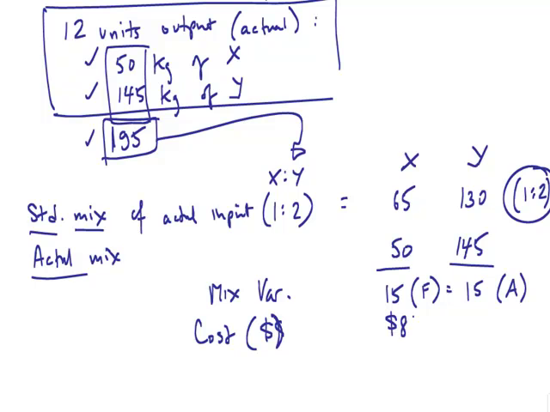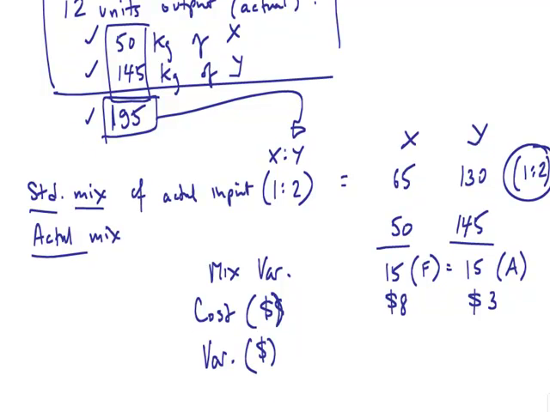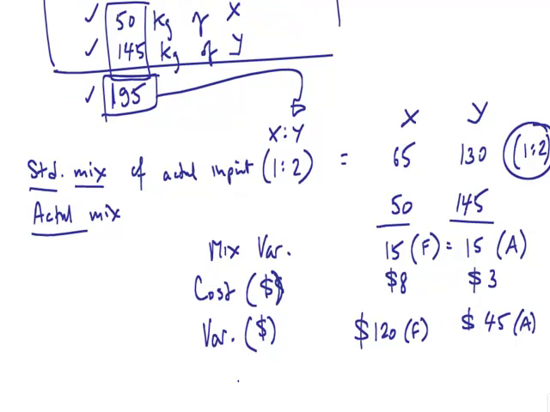X costs $8 and Y costs $3, and therefore our variance, when expressed in monetary terms, is $120 favorable with regard to X and $45 adverse with regard to ingredient Y. So our total mix variance is the sum of these two, or $75 favorable.